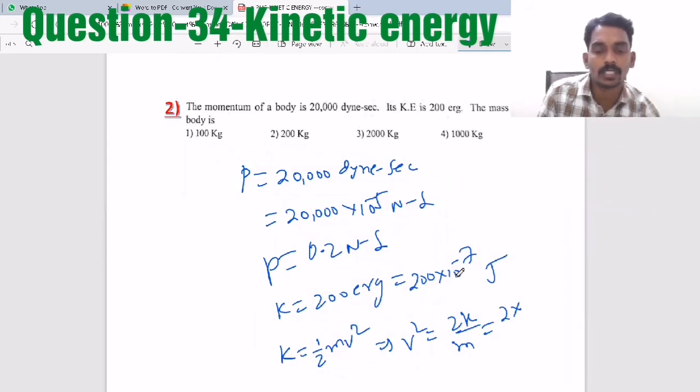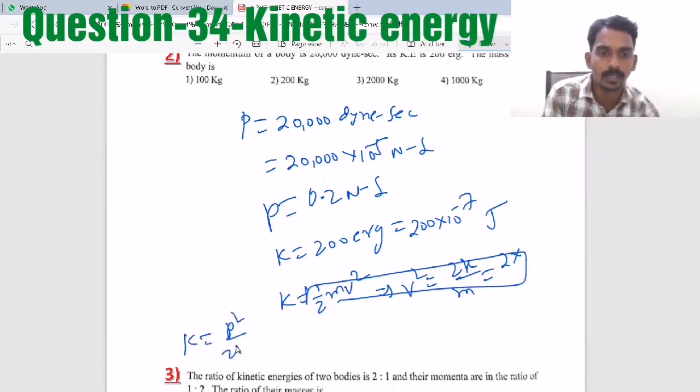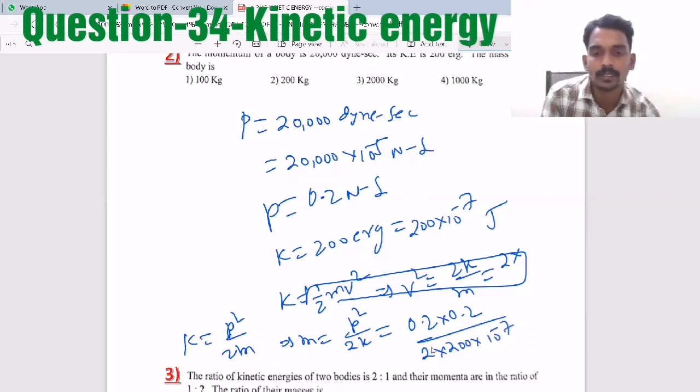Sorry, here the formula is not in terms of velocity. Now let's take k equal to p square by 2m. Now m equal to p square by 2k. So p is 0.2 into 0.2 by 2 into k is 200 into 10 power minus 7.